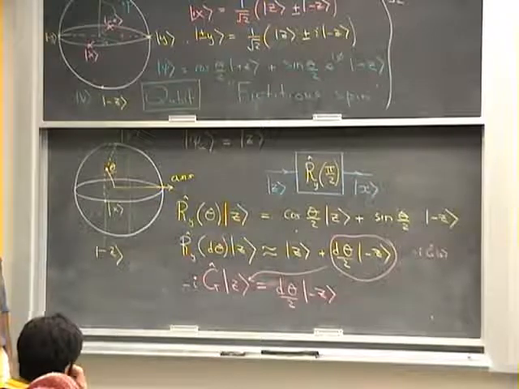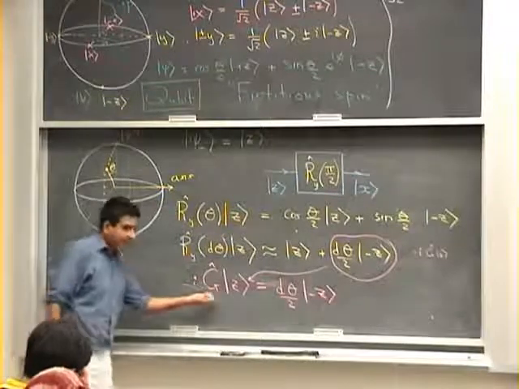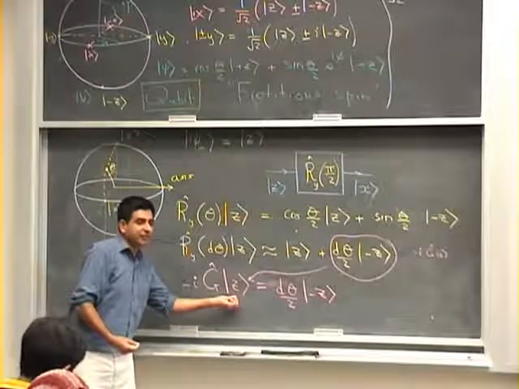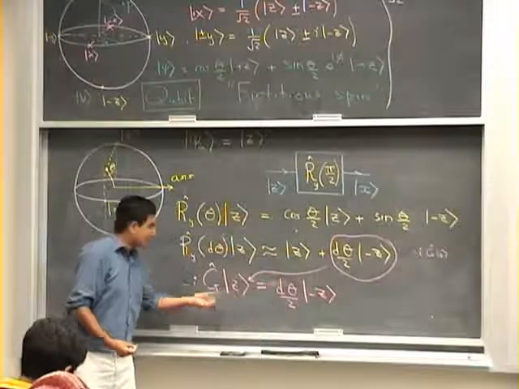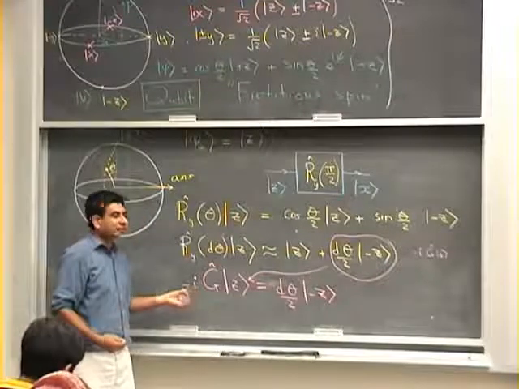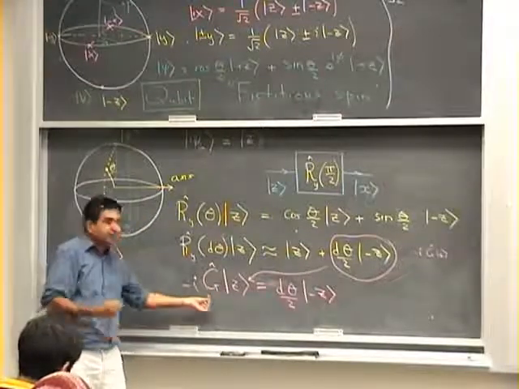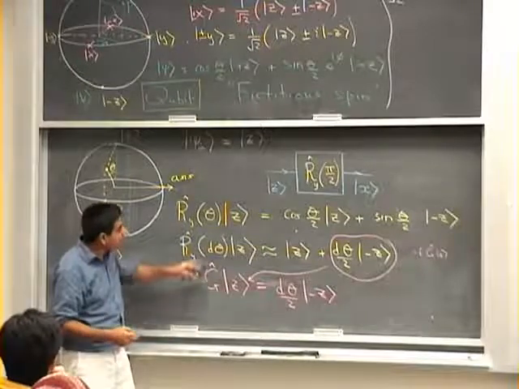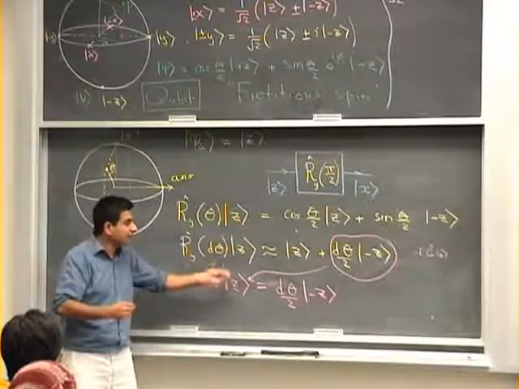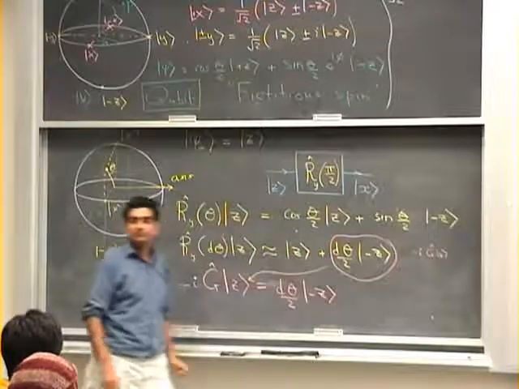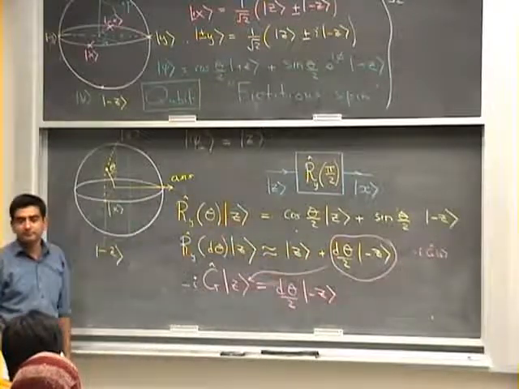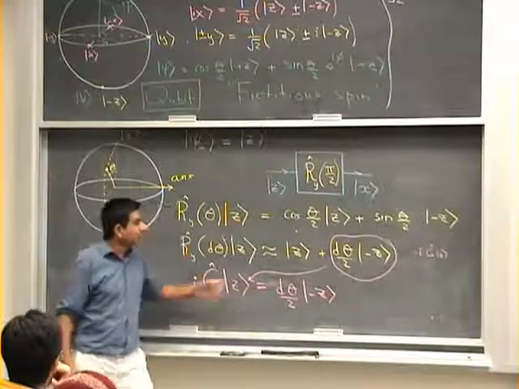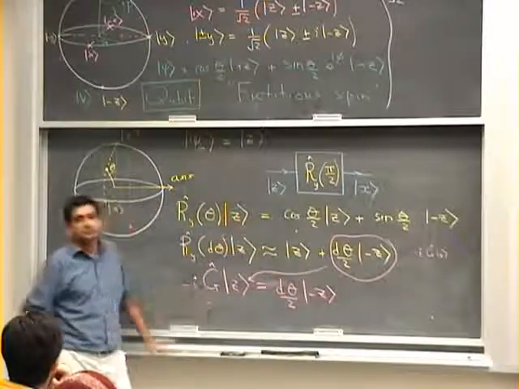I propose an operator G which acts on the initial state, and this minus iota is just a number. So I adjust my G such that minus iota times the operator G acting on the initial state gives me this. I want to choose a G such that I can write d theta by 2 in this form.